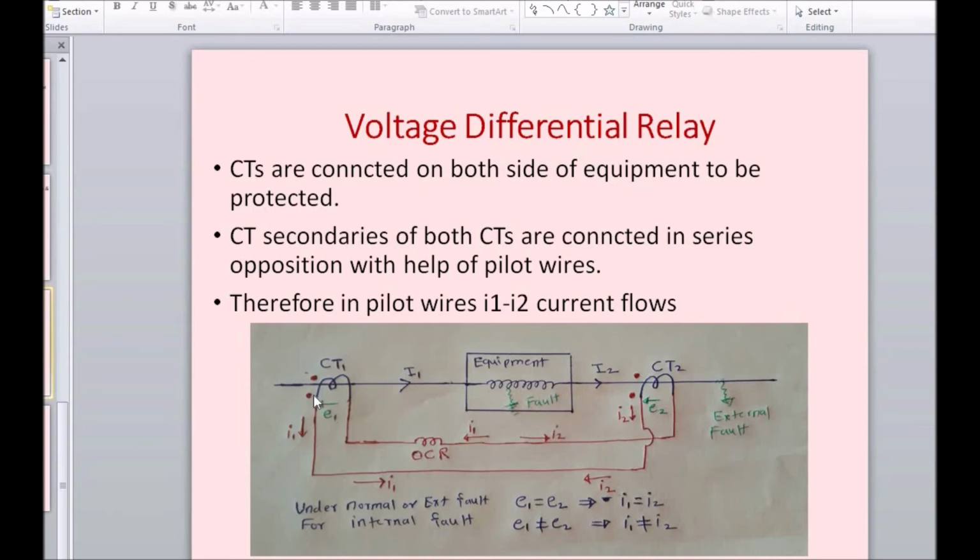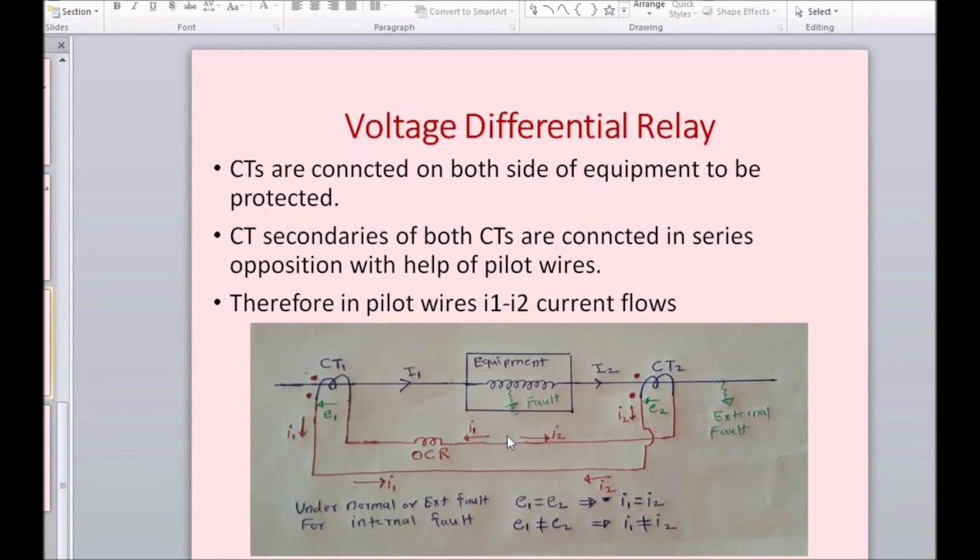See here, this dot terminal is connected to the dot terminal through the pilot wire, and this undotted terminal is connected to the undotted terminal through the pilot wire, and an overcurrent relay is connected in series with this pilot wire. What happens due to this series opposition connection of both CTs? The currents in the pilot wires are in different directions.